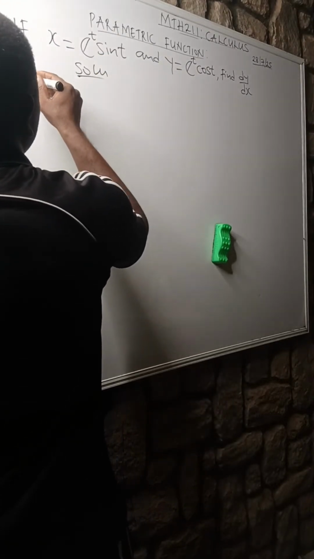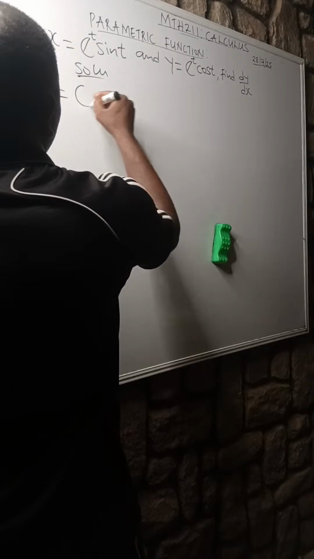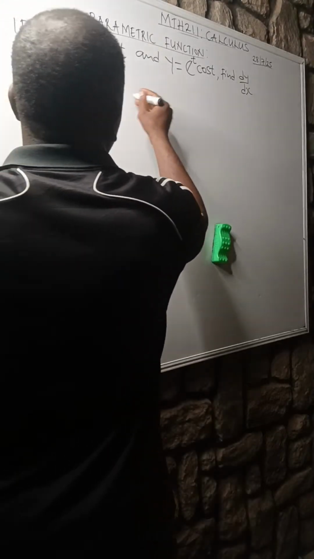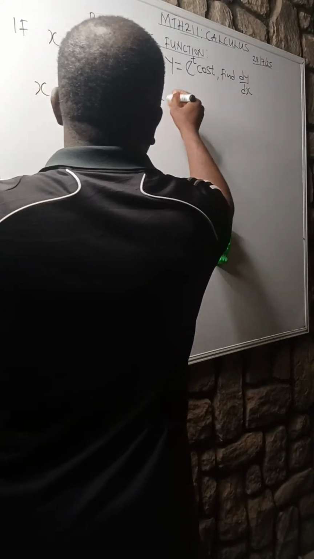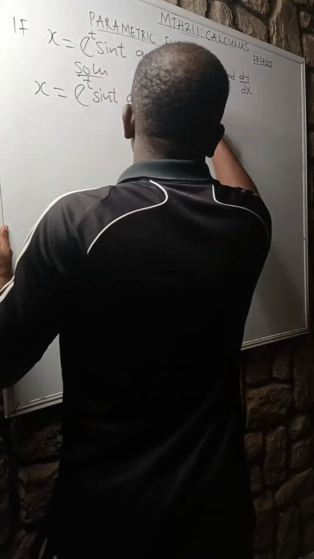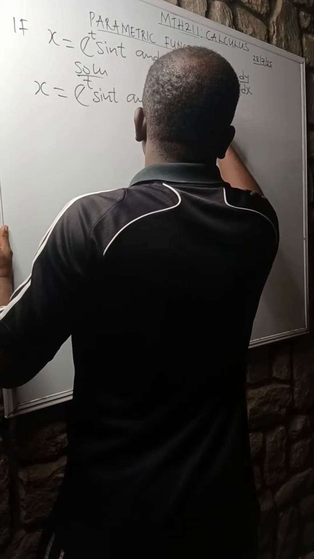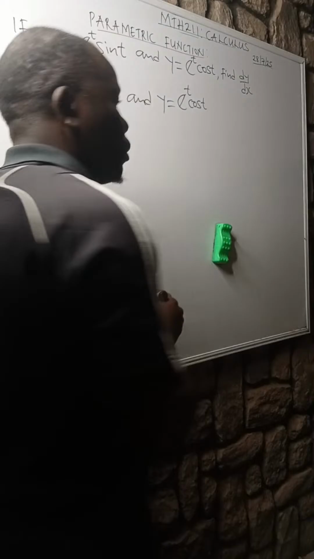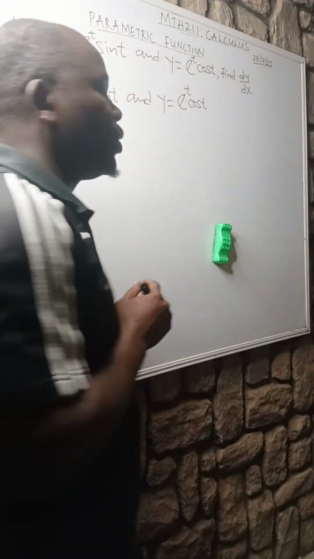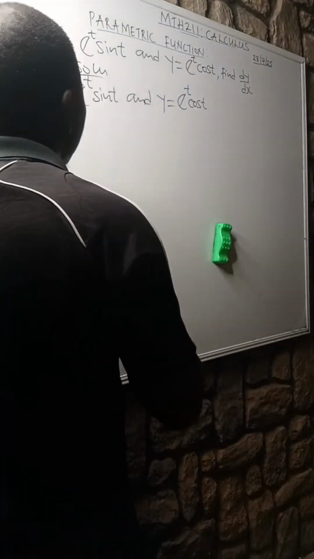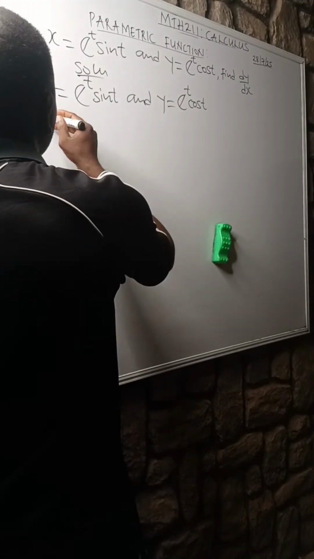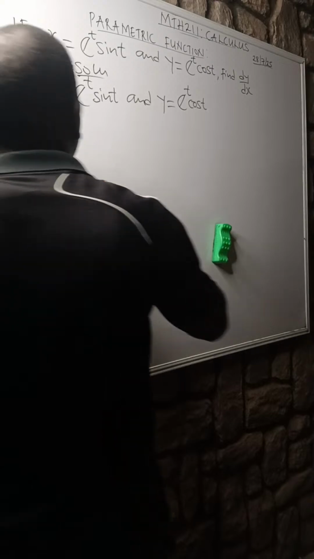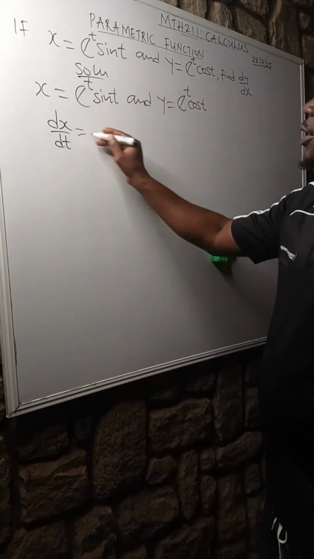Our x is equal to exponential t sine t, and y is equal to exponential t cos t, right? So if you agree with me, it means we have to find dx over dt.